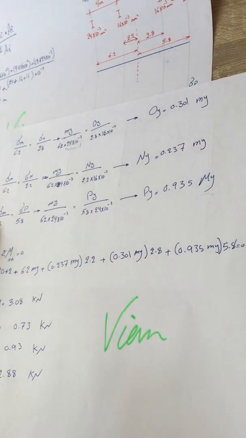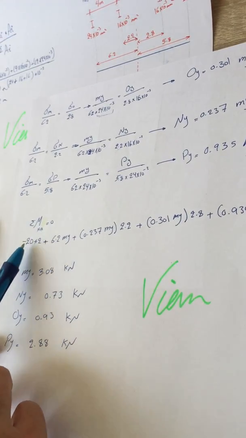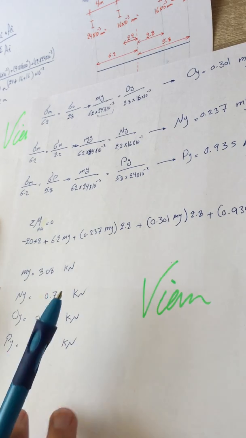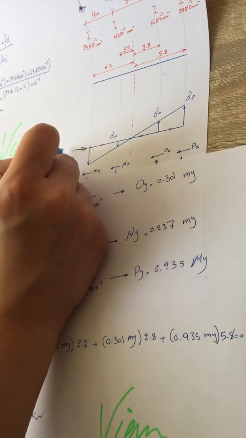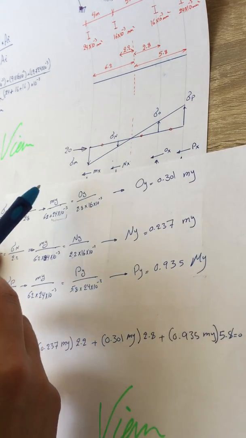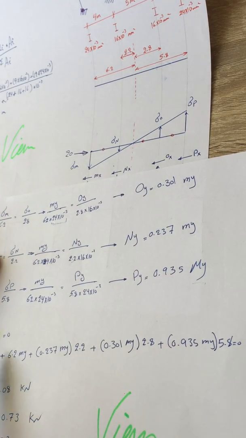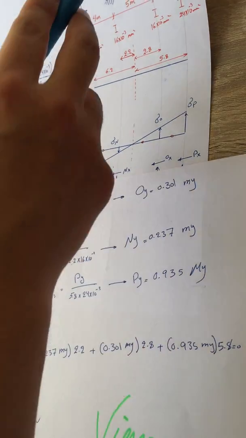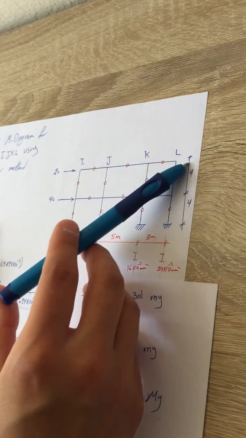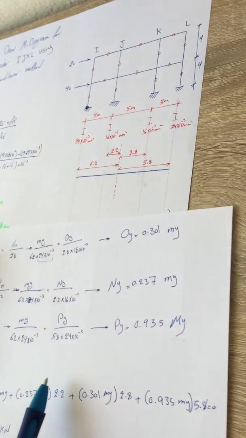So I'm going to take the summation of moments about the neutral axis. It's going to be minus 20 times 2. Here's 20. We can say it's here. Here's minus 20 times 2, which is the distance here, because it's 4 and we took the half of it, so it's going to be 2.